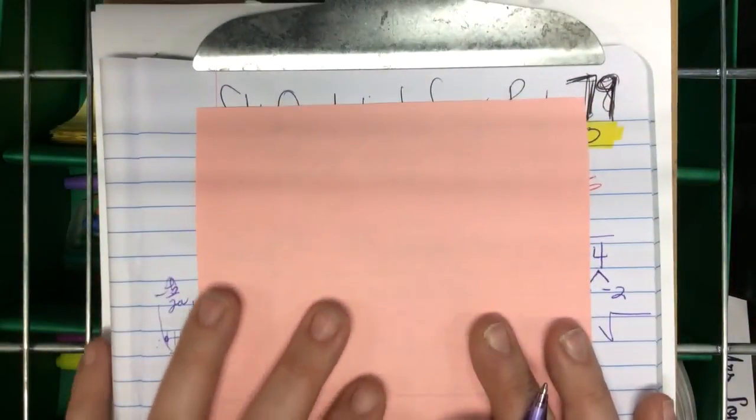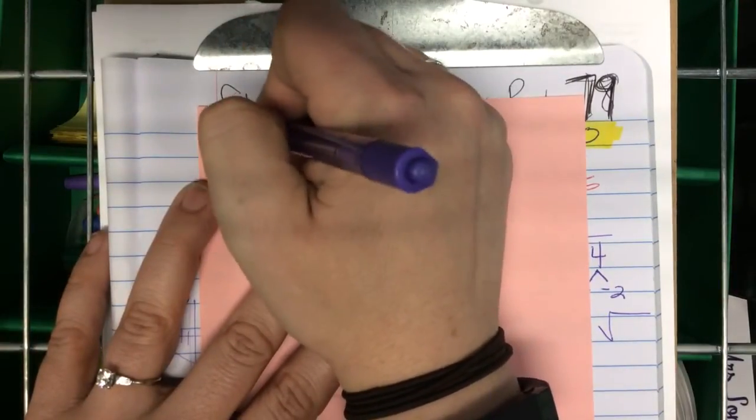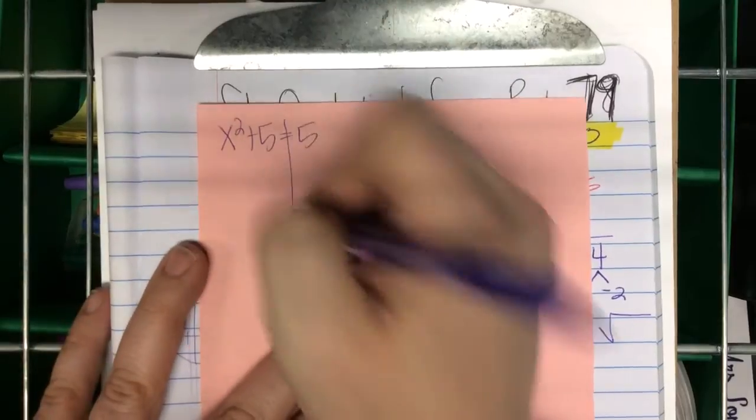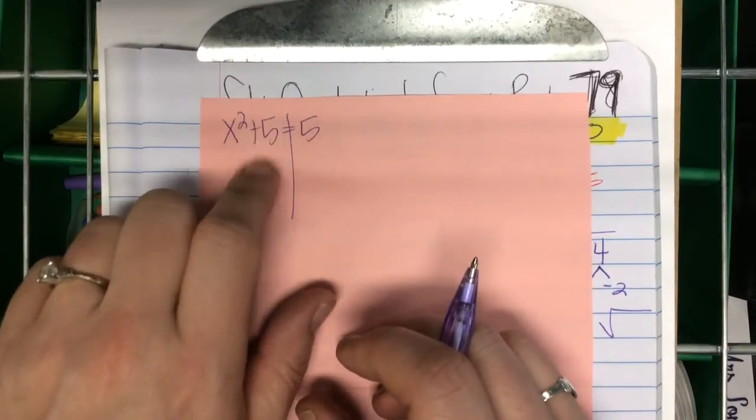Here we go. X squared plus 5 equals 5. Is it quadratic? Yes, it has an x squared. So what's my first step? Isolate the x squared. So what do I need to move away from the x squared?